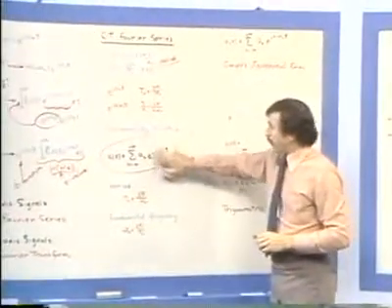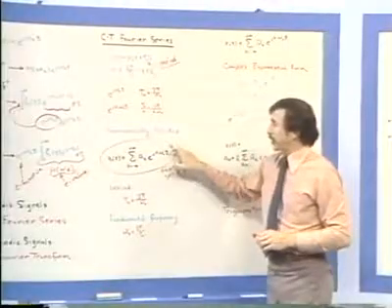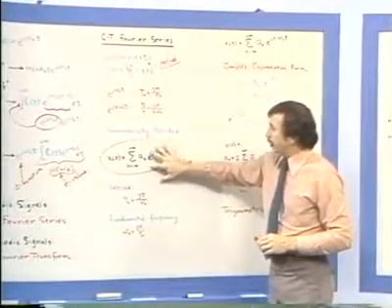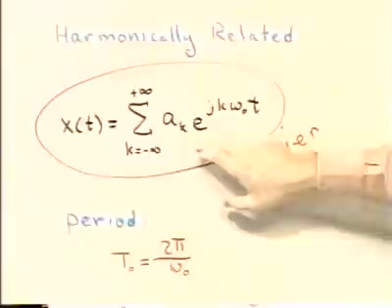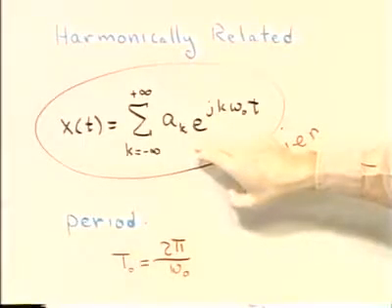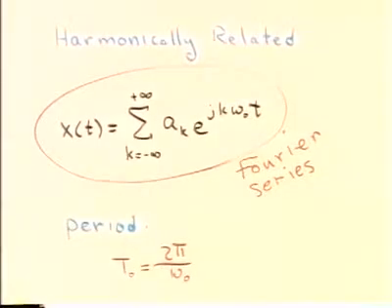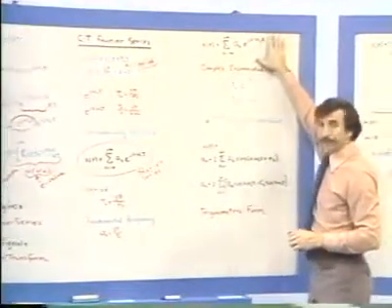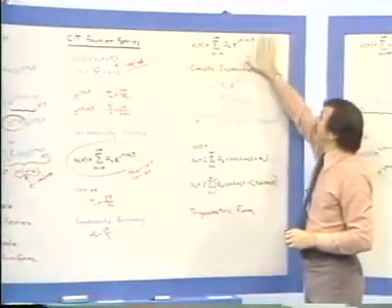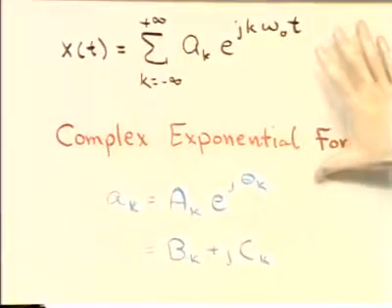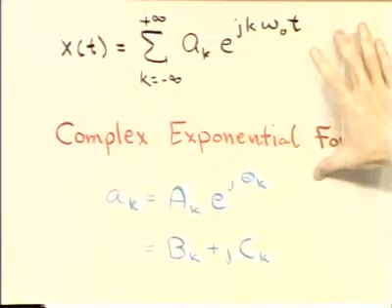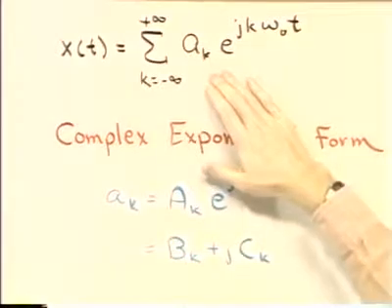Now, just focusing on this representation for a minute, this representation of the Fourier series, which I've repeated again here, is what's referred to as the complex exponential form of the Fourier series.